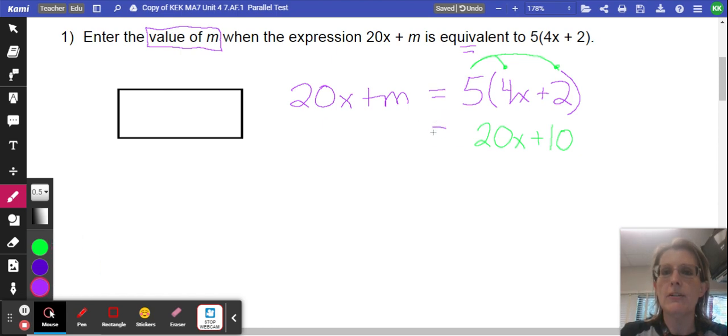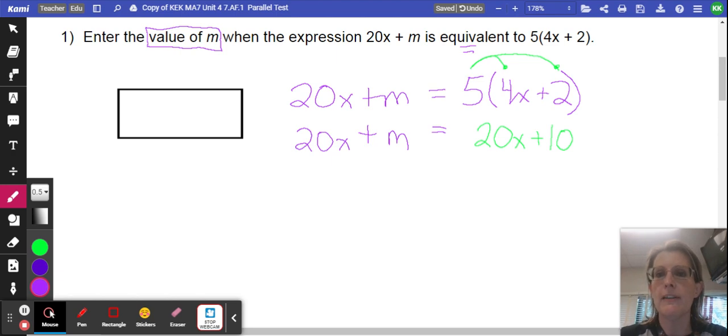So I've taken care of my distributive property. So I'm just going to bring down the rest of my equation. So my 20x plus m is the same. I brought down the equal sign. The only thing we changed is we simplified this expression by distributing, and we got 20x plus 10.